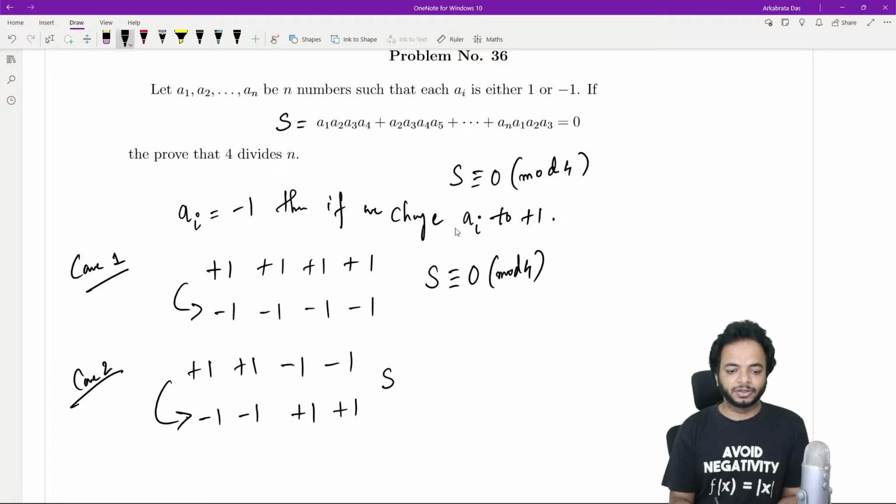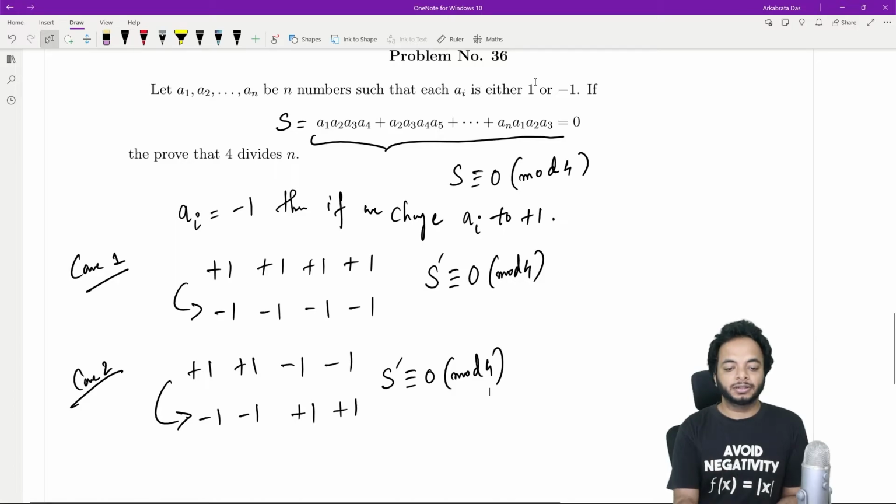It would be unfair to write s all the time, so when I change that particular ai from -1 to +1, let's call the new sum s dash. So s dash is the sum where I have just changed that ai from -1 to +1, and still s dash is congruent to 0 modulo 4 in this case.